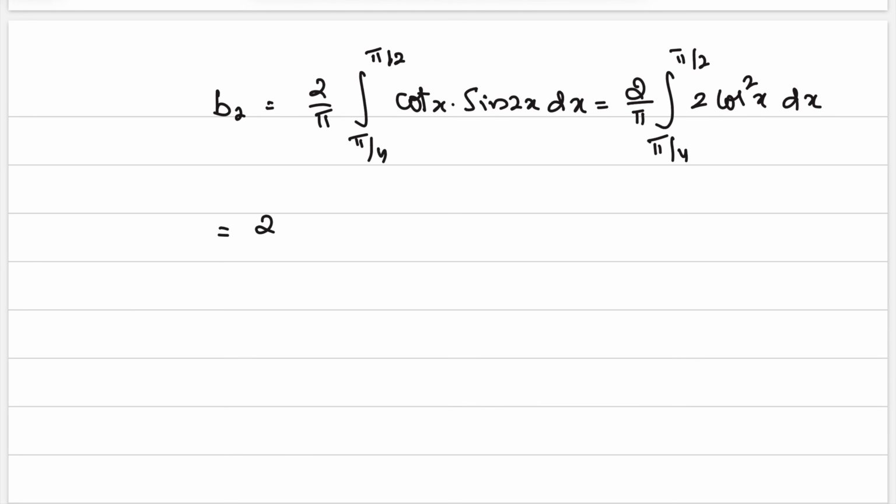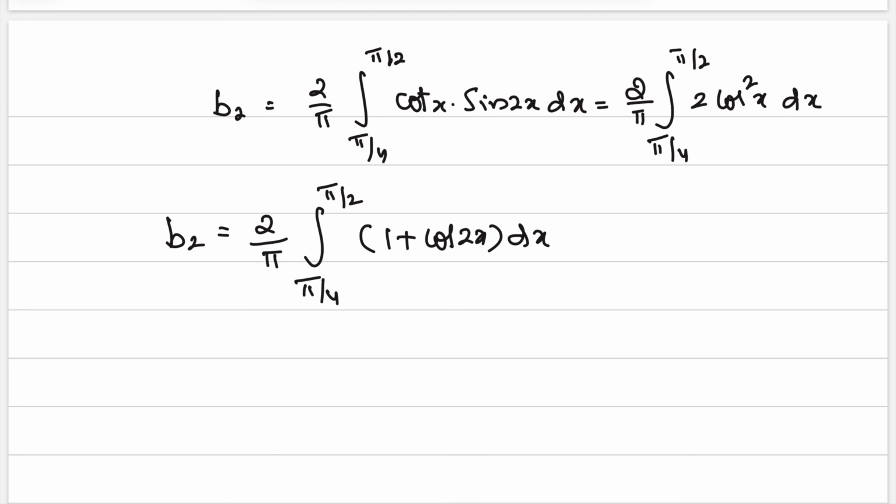That is equal to 2 by pi into B2 is equal to integral pi by 4 to pi by 2, 2 cos square x is nothing but 1 plus cos 2x dx. That is equal to 2 by pi into 1 plus cos 2x dx.